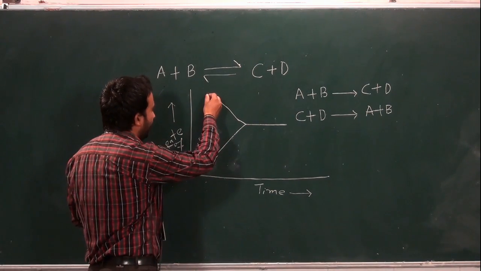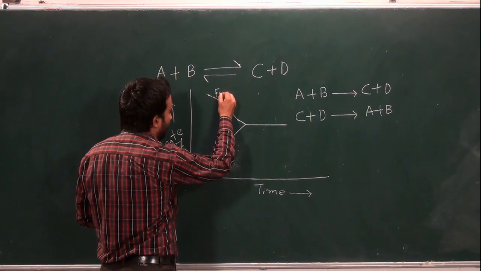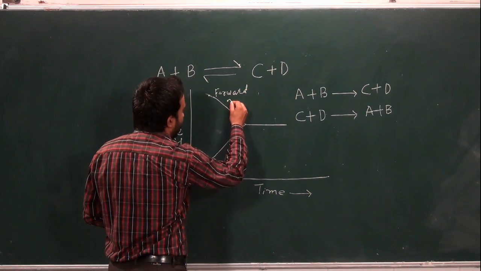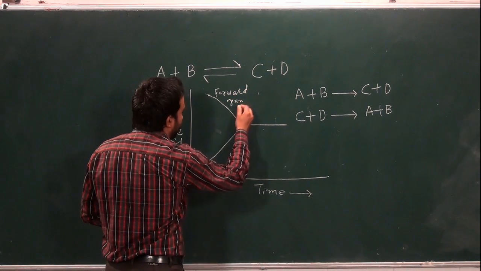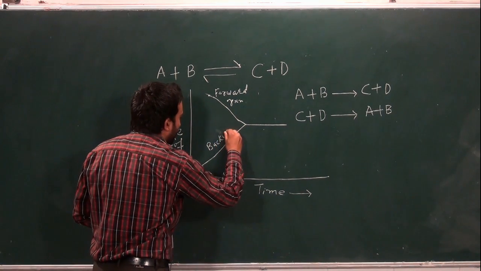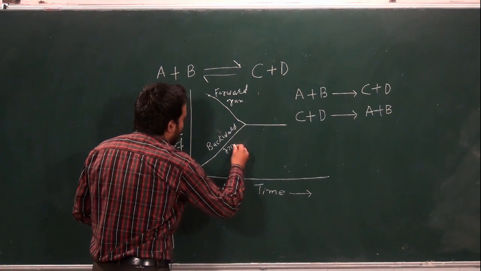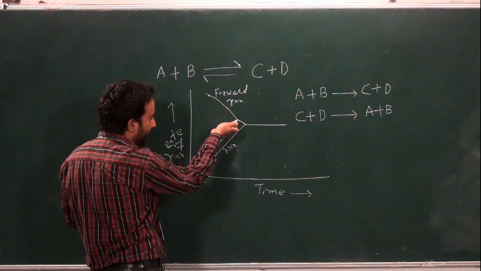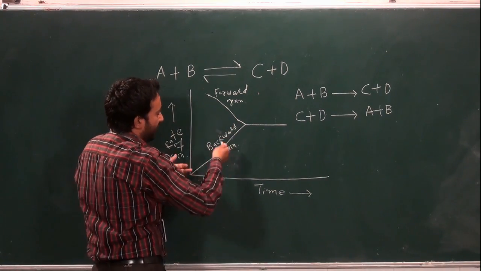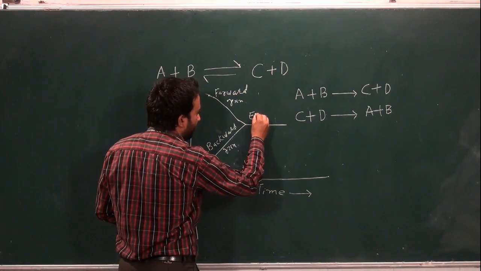So we can say this is for the forward reaction, this is for the backward reaction. The rate of the forward reaction is going on decreasing, the rate of the backward reaction is going on increasing, and after some time we will have an equilibrium state.